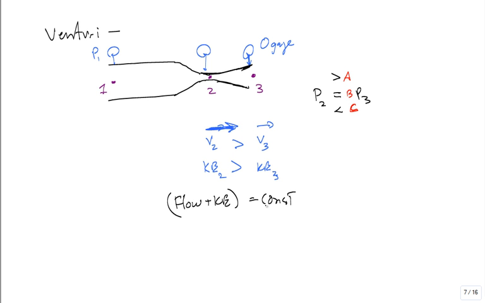That's Bernoulli's equation, neglecting potential energy. There's no change in elevation. The flow energy is P, the kinetic energy is 1/2 rho V squared, and the sum of those is the same. So as I move from 2 to 3, my kinetic energy is going down, my flow energy has to go up. So the pressure at 3 is greater.